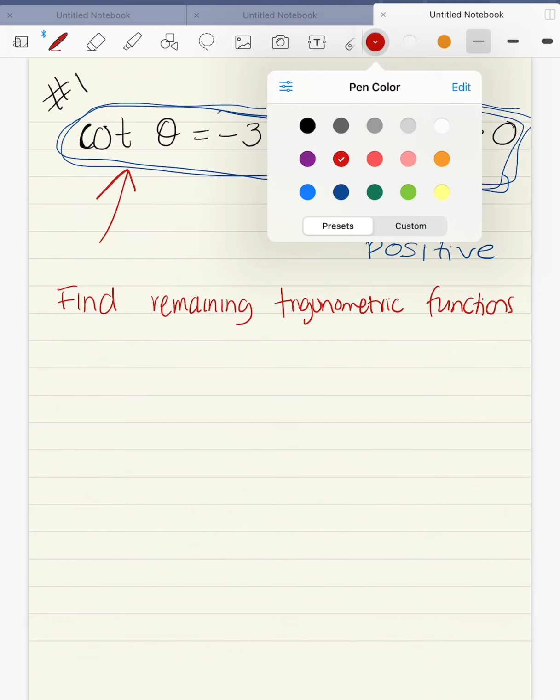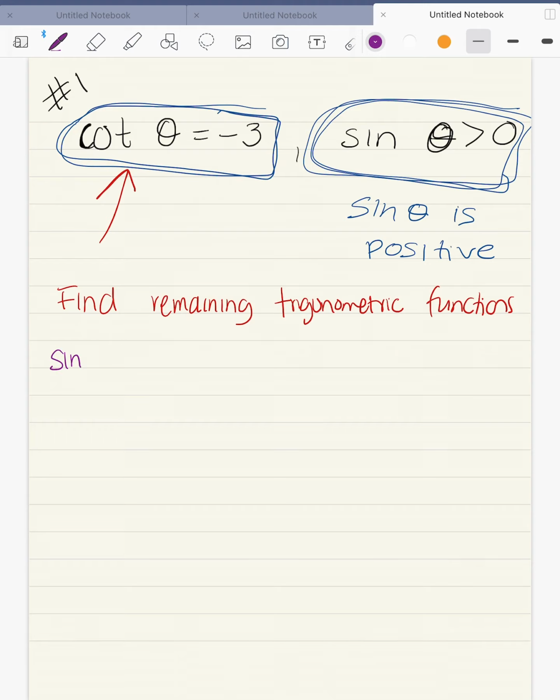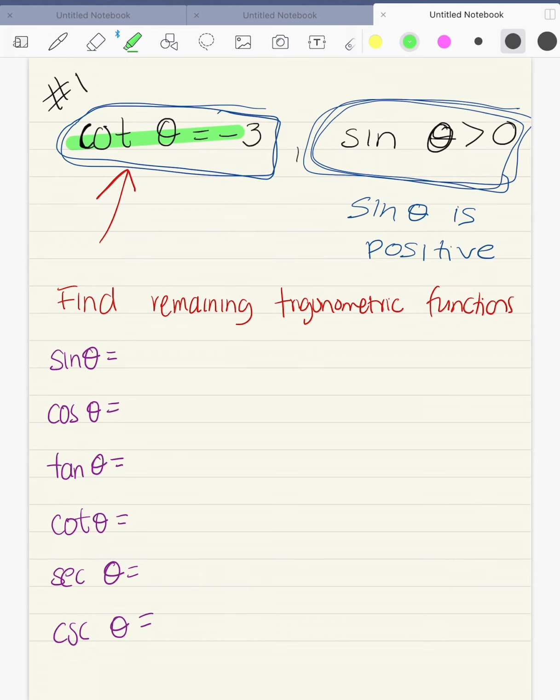So that means that we want to find sine of theta, cosine of theta, tangent of theta, secant, cosecant, and cotangent, but cotangent is given. So we want to find all these 6 trigonometric functions with the given information. With this given information, we need to figure everything out.